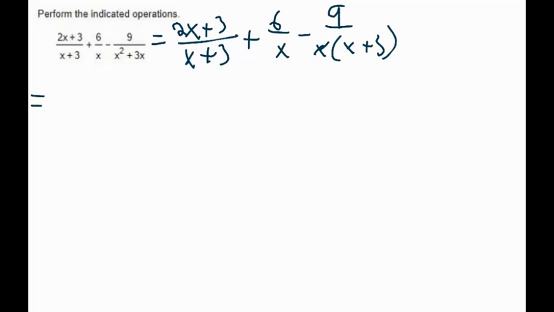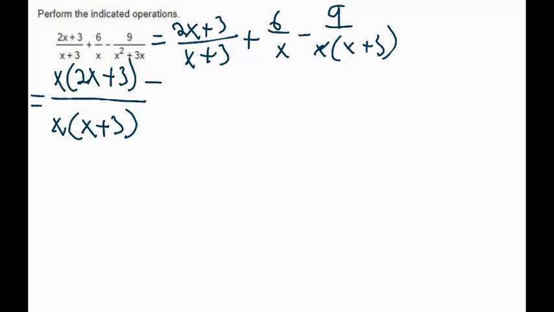So this is all going to be over x times x plus 3. The numerator is going to be x times 2x plus 3, plus 6 times x plus 3, minus 9, and it's already over x times x plus 3, so we leave that the same.